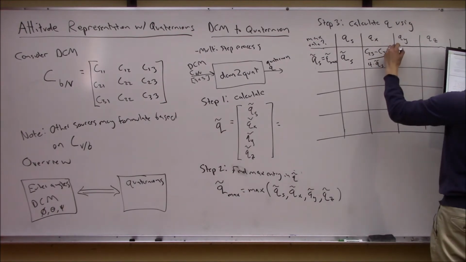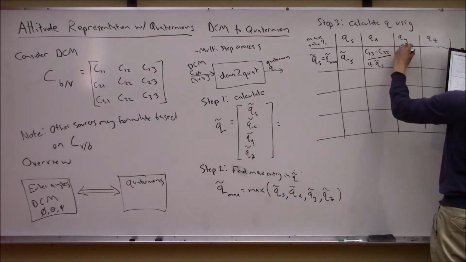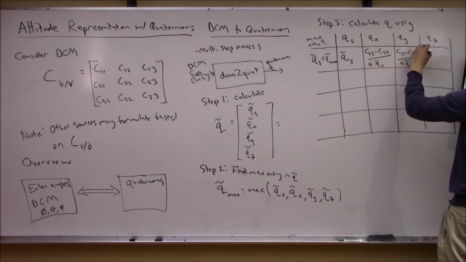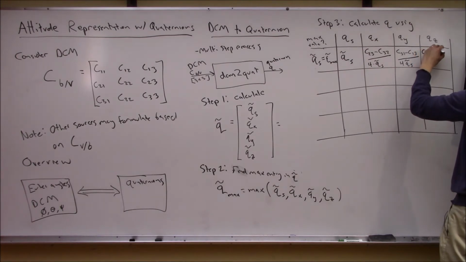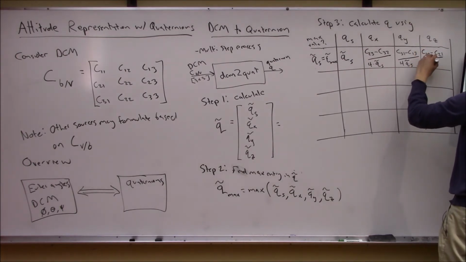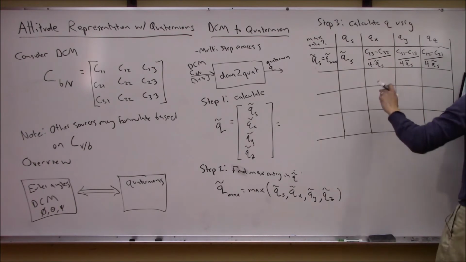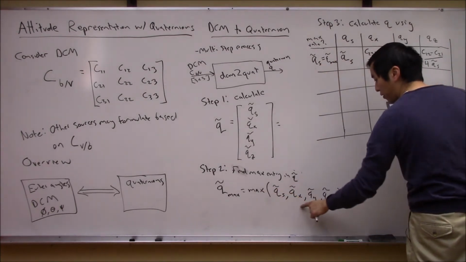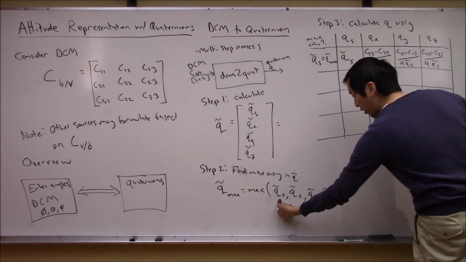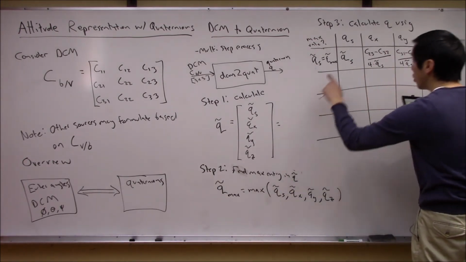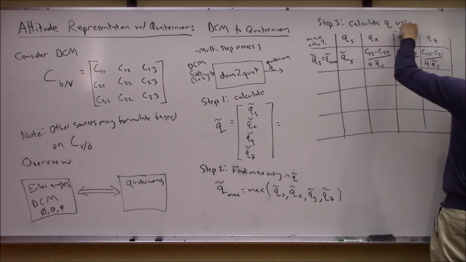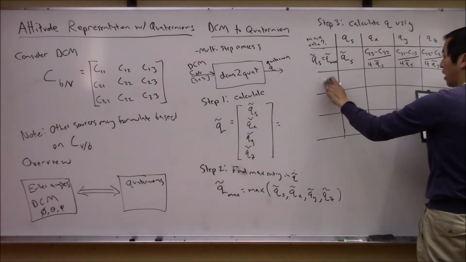Then C31 minus C13 all over 4 QS tilde. And the last element is C12 minus C21 all over 4 times QS tilde. So this is what happens if QS was the max. If that's what you found in step 2, that this was the largest of those 4 elements, you would compute the quaternion using these entries for QS, QX, QY, QZ. Let's keep going.